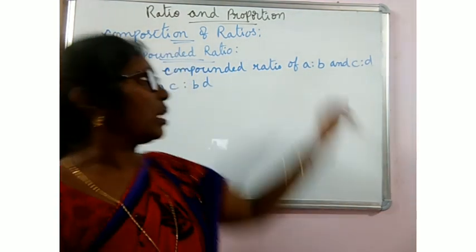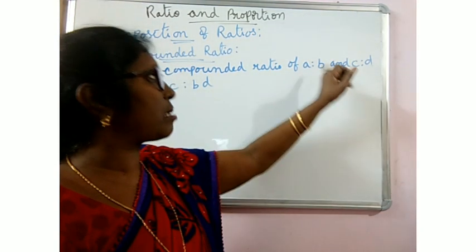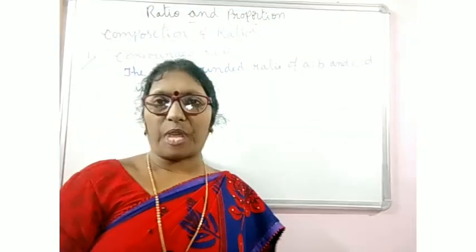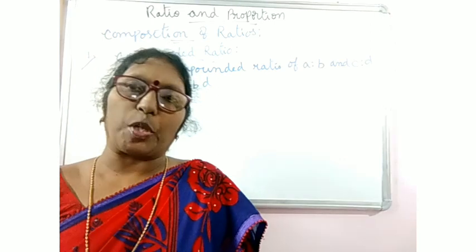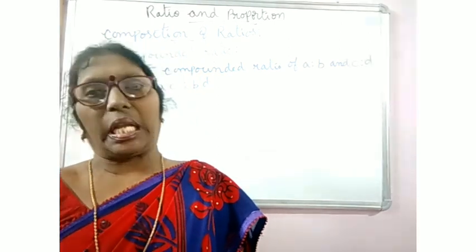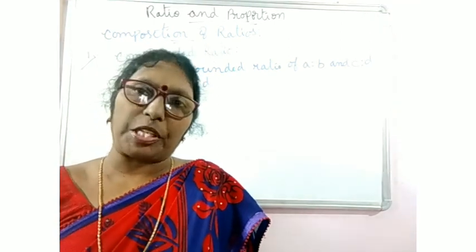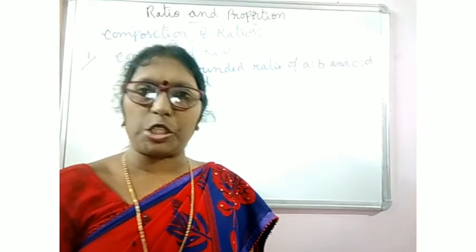That means the product of the antecedents is to product of the consequence. Product of the first terms is to product of the second terms gives you the compounded ratio of the given ratios.